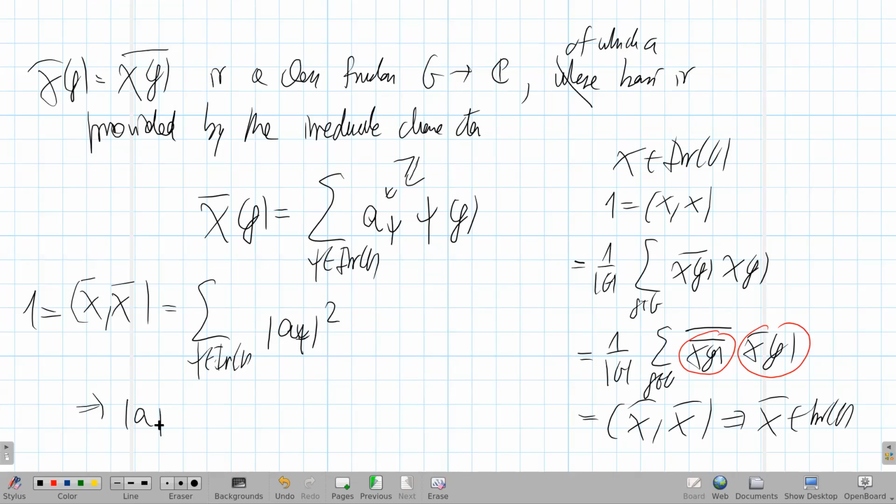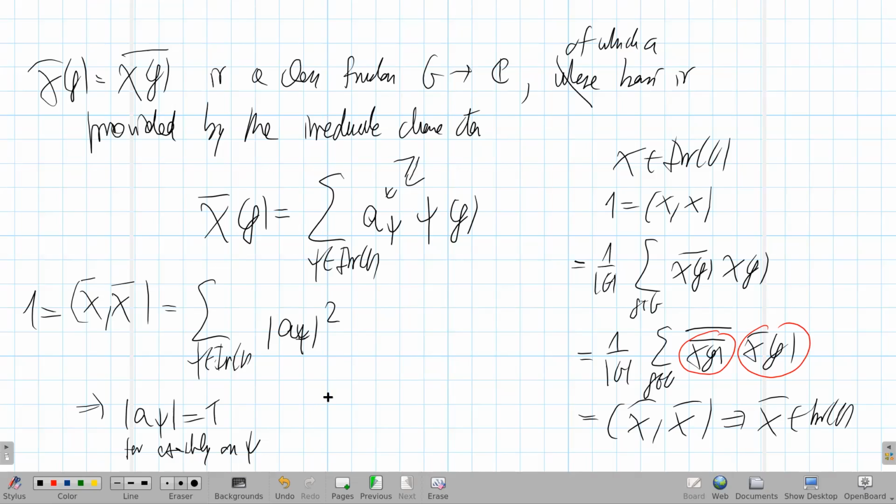So we found that a_psi has to be 1 for exactly one psi, and the others are 0. Then, since when you evaluate at 1 you find that this is positive, it has to be greater than 0.